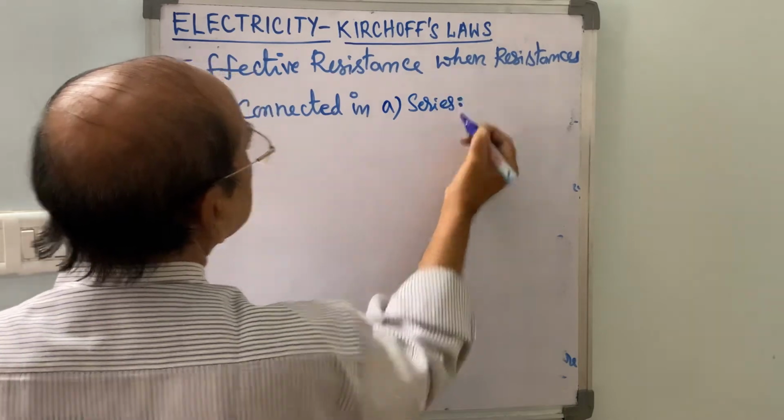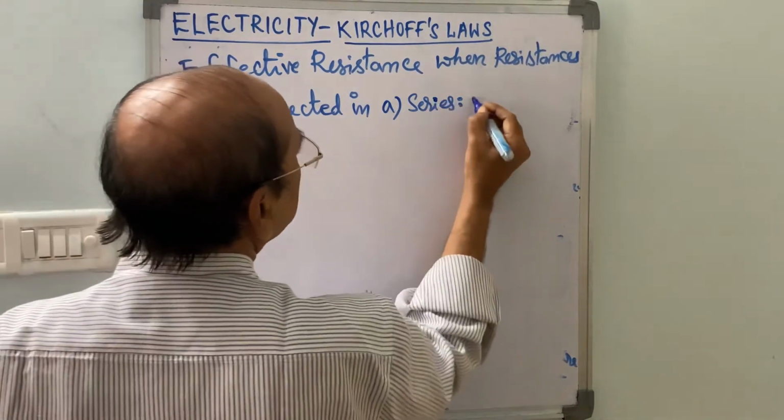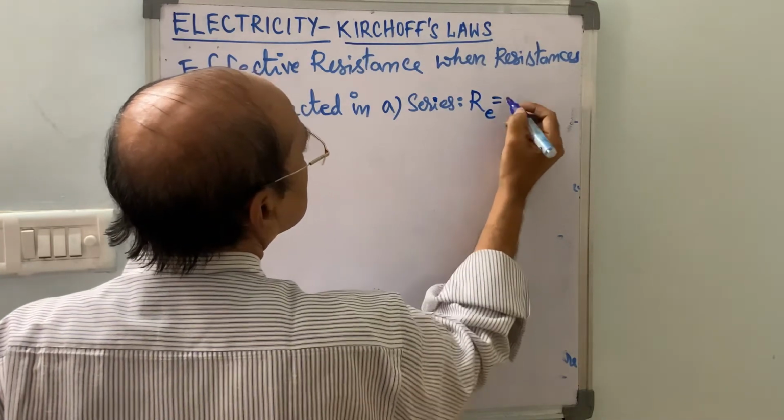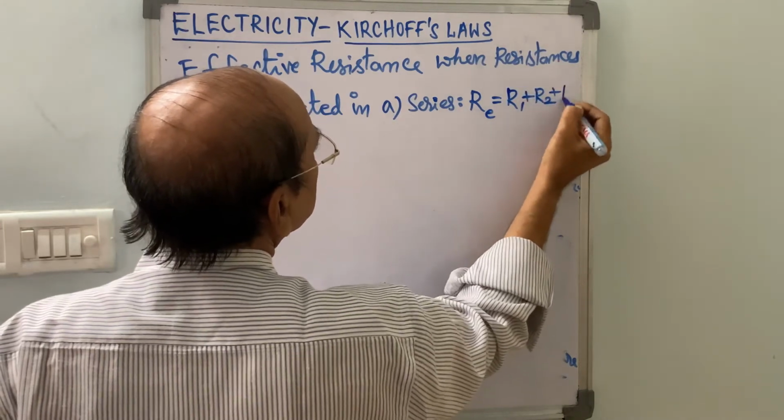When three resistances are connected in series, their effective resistance is Re equals R1 plus R2 plus R3.